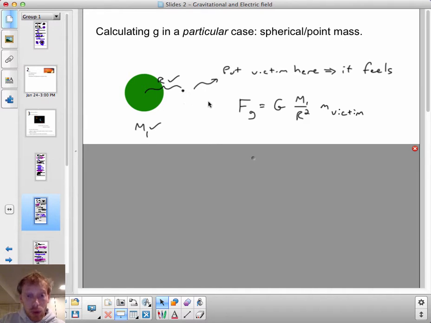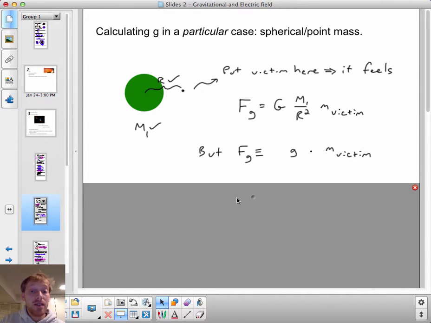Well, if we put a victim mass there, a test mass, the victim will feel a gravitational force given by Newton's law of universal gravitation. The gravitational force on the victim is equal to big G times the mass of the planet divided by that distance r squared times the mass of the victim.